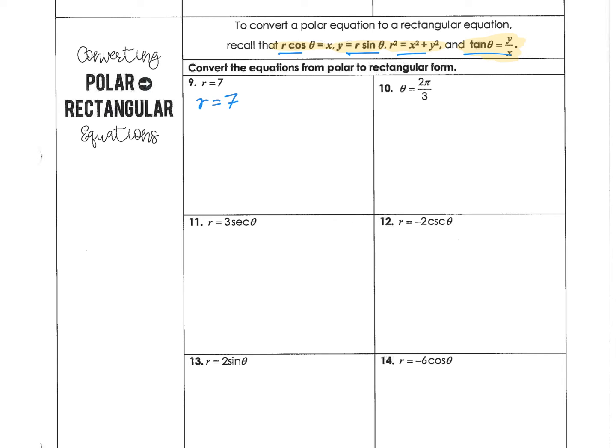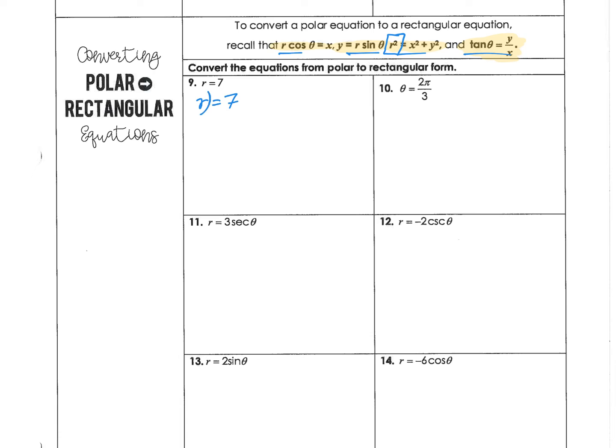But there is, however, one that's in terms of r squared, isn't there? You also get the hint because you know r equals 7 is a circle, and we just saw one of those going the other direction. It had an x squared and a y squared in it. Okay?